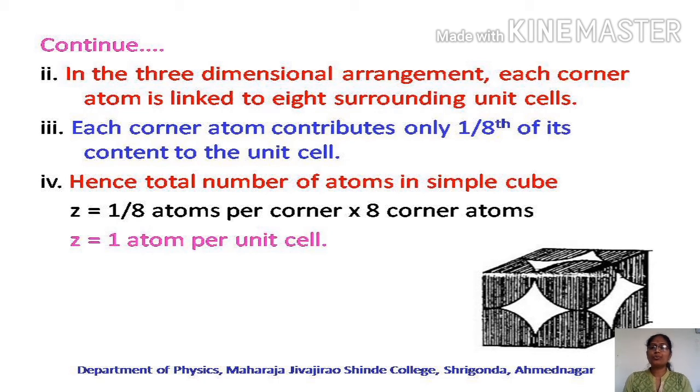One should know this Z value, because while solving examples, they will provide you only the structure and they will not directly give you the Z value. You should know that as the structure is simple cubic, its Z value must be 1.